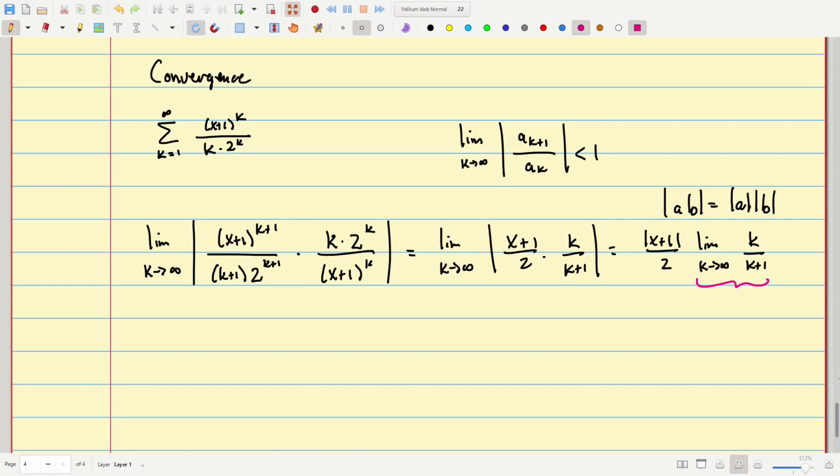How do I do limits with infinity over infinity? You use L'Hopital's rule, right? What does L'Hopital's rule say? Differentiate the numerator and differentiate the denominator, and then take the limit of the new quotient, right? So if I do that differentiation, it's going to be 1, right? And of course, the thing that we care about is that this whole thing be less than 1.